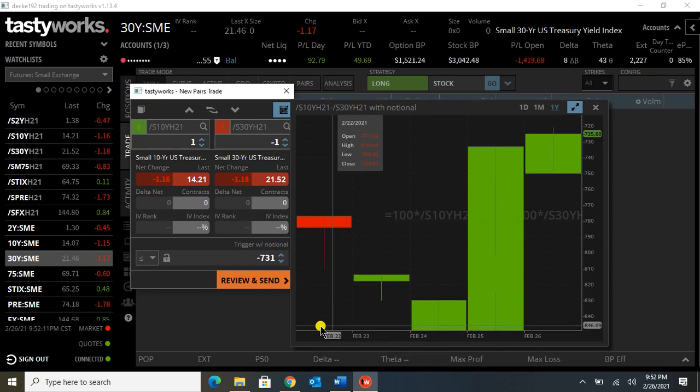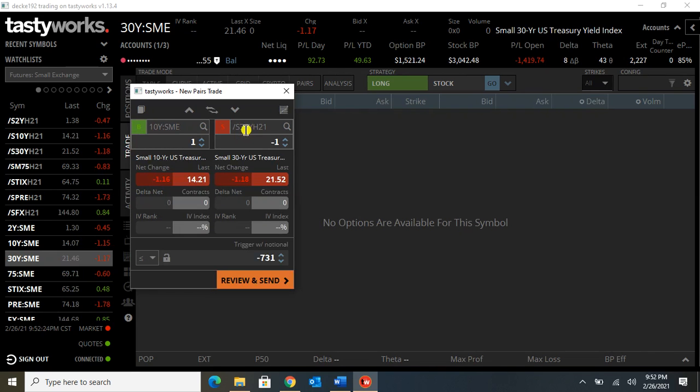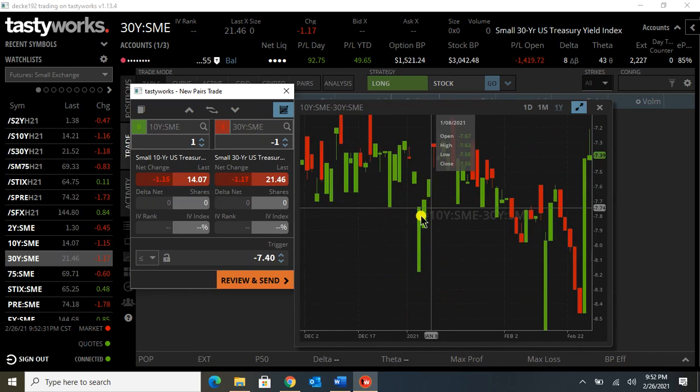Since this product just came out this week, there's not much data, so I'm actually going to show this with the index instead of the actual futures price. So if I go 10Y SME there, and here if I go 30Y SME and pop that out, it gives a little bit more data.